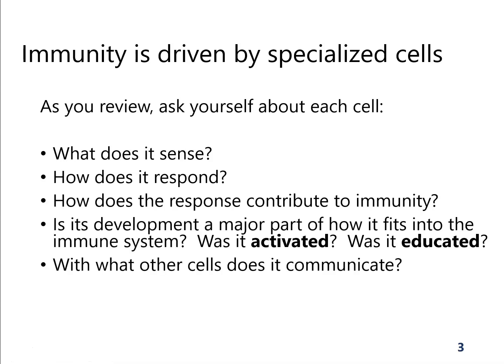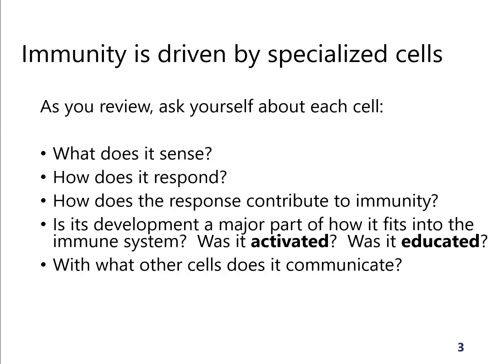And then thinking about things like T cells and B cells, for some cells, such as lymphocytes, their development is important. They have to be activated to do anything. So they have to go through education. So ask yourself which of those is happening for whatever cell you're looking at.